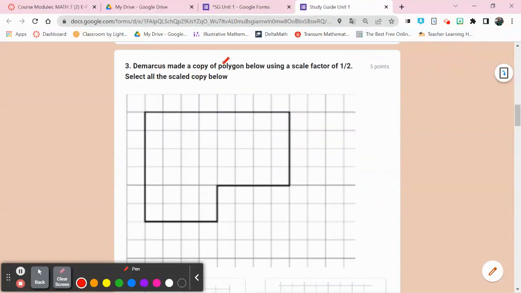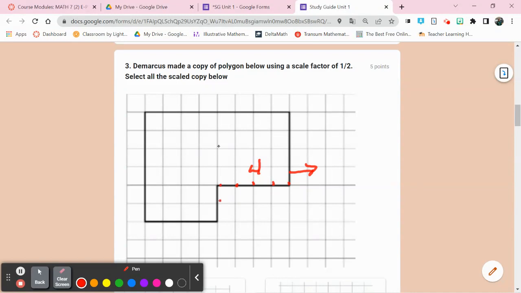DeMarcus made a copy of a polygon below using a scale factor of 1/2. So we're going to select the scaled copy. Okay, well, let's find a corner. And I try and find the short side and a corner. And I'm going to count that corner on the original. 1, 2, 3, 4. This side's 4. 4 across.